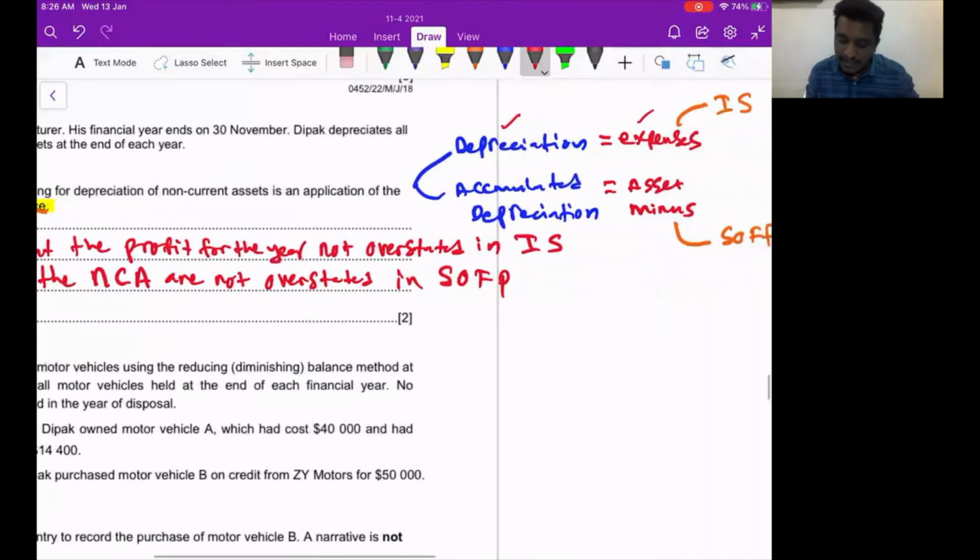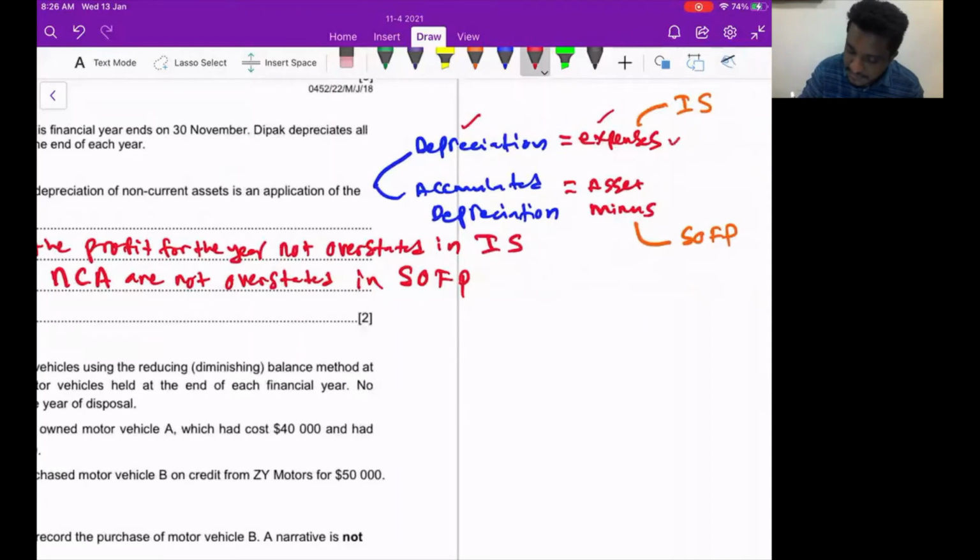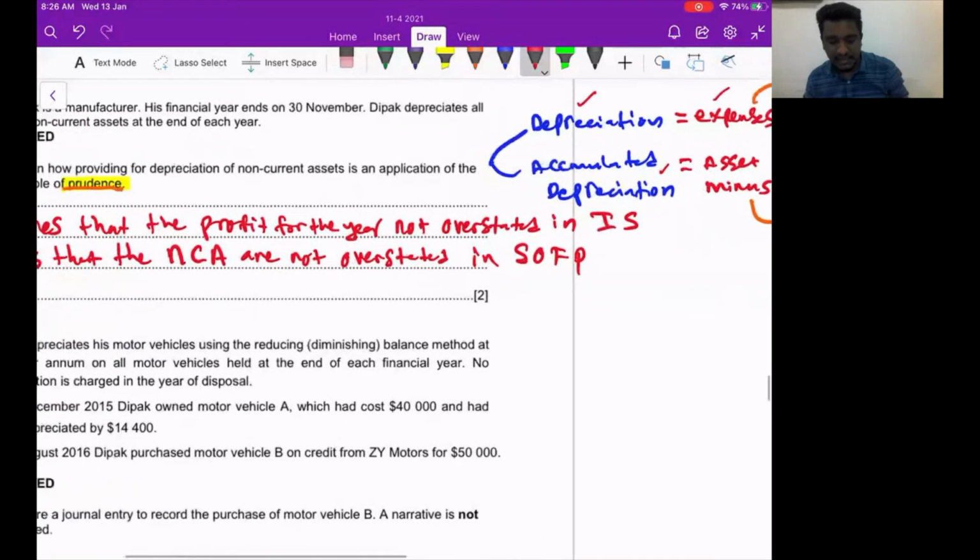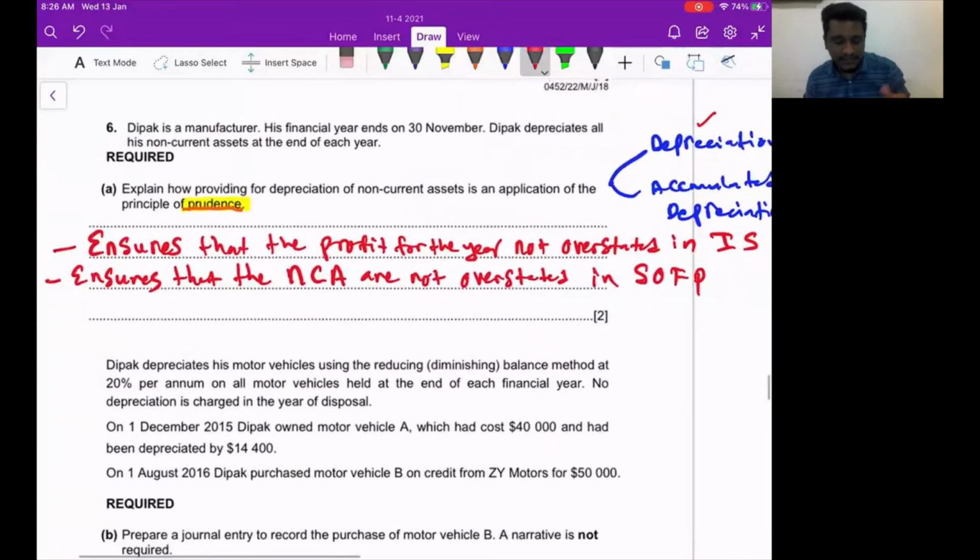By providing depreciation, you record it as an expense, so your profit in the income statement is not overstated. By providing accumulated depreciation, you will minus the asset. So in the statement of financial position, you're not overstating the asset also, specifically non-current assets. Okay, this is the application of prudence in our financial statements.